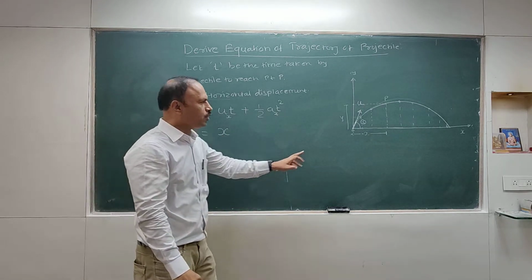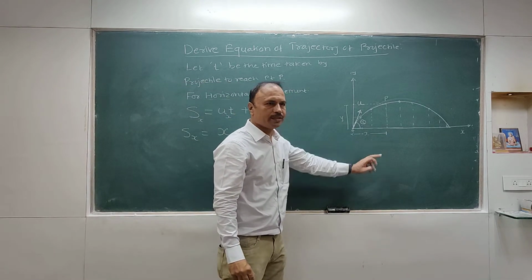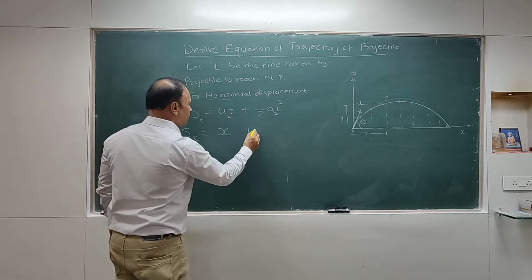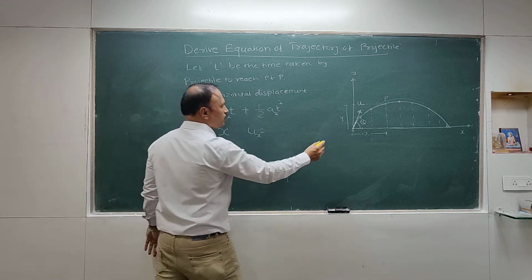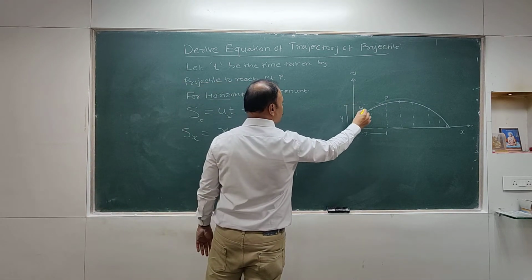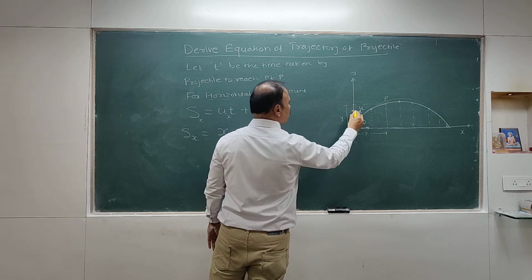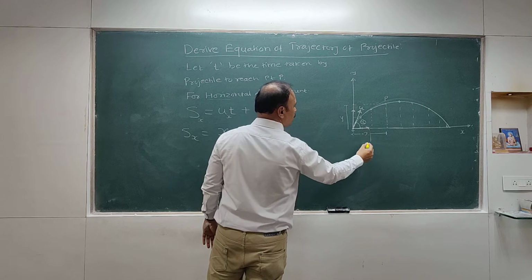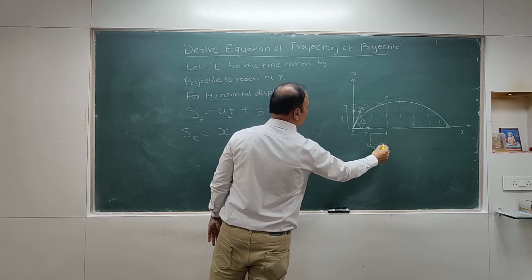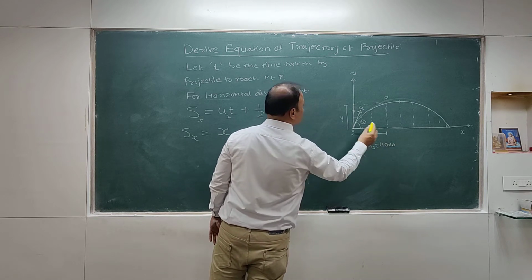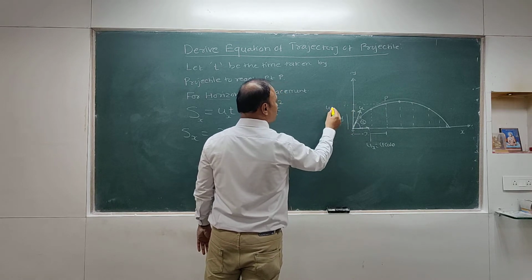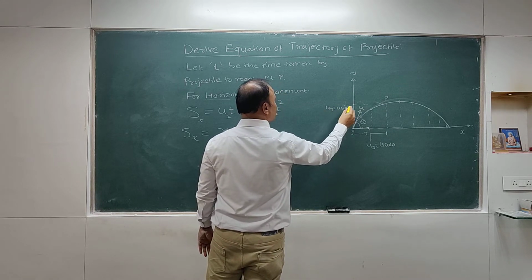Yes, that is the horizontal displacement. Shall we write the horizontal component of velocity u? One component will be horizontal, one component will be vertical. Is ux equal to u cos theta? Yes. And uy is equal to u sin theta.